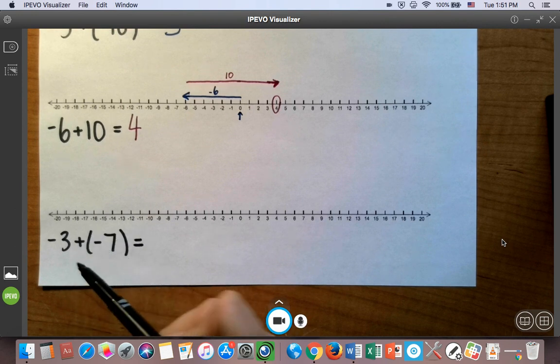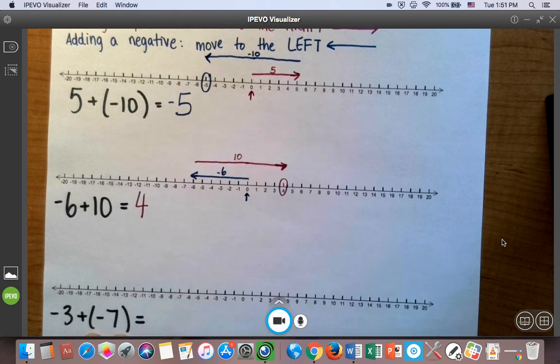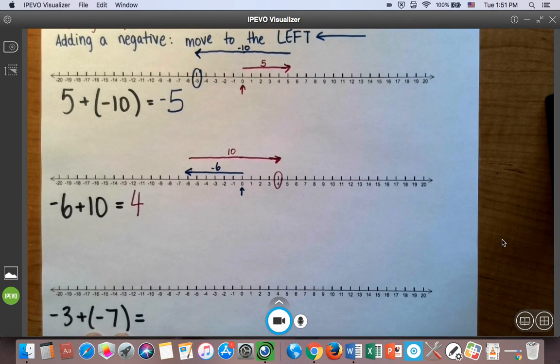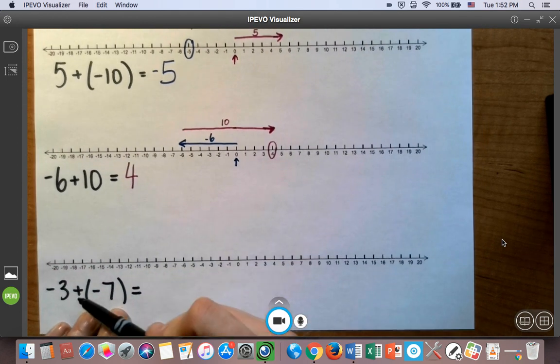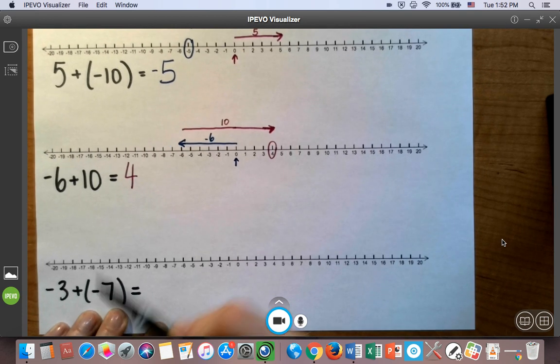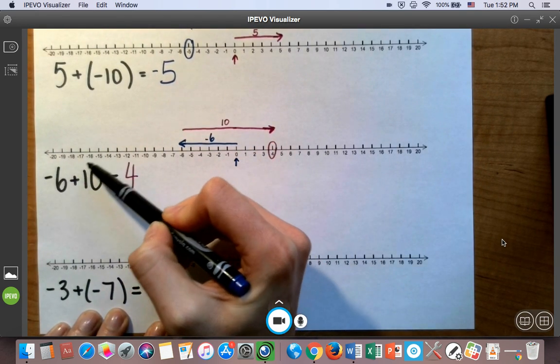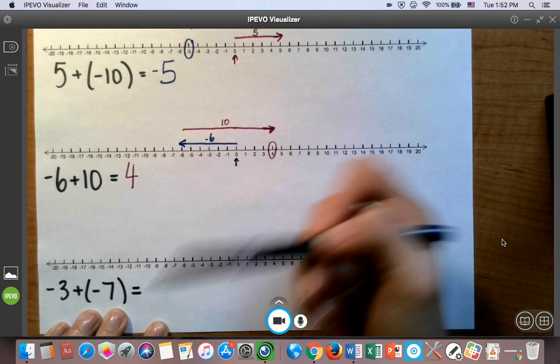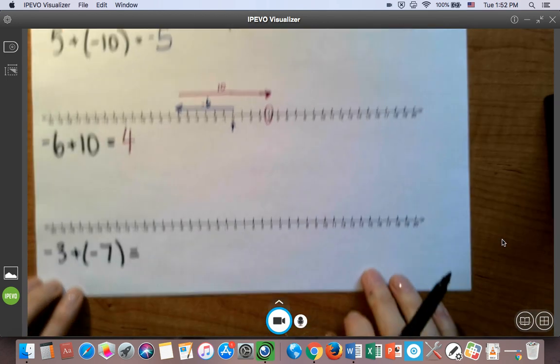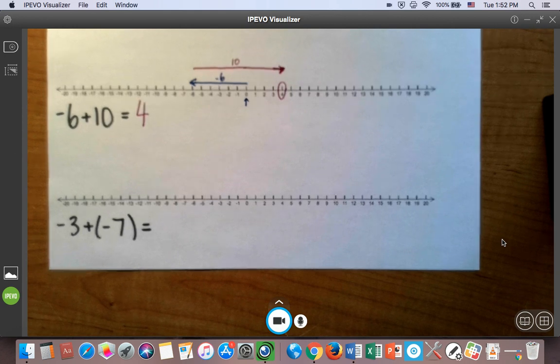Remember, these parentheses don't mean absolute value. They are just a way to separate the addition sign from this negative sign. This 10 doesn't have any because it's just 10. There's no negative sign to get confused with your signs.